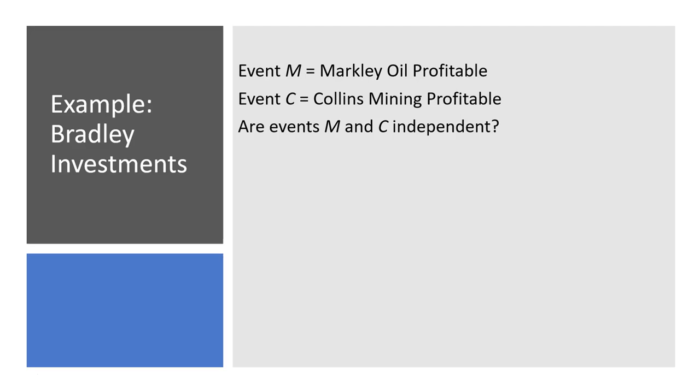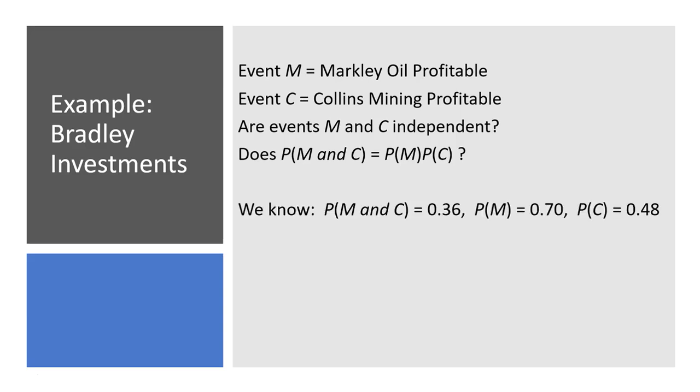One of the ways you can test if they are independent is to check whether the joint probability of both things happening is equal to the product of the probabilities of each event happening on its own. In our previous discussions, we calculated the joint probability of Markley Oil and Collins Mining both being profitable as 0.36.